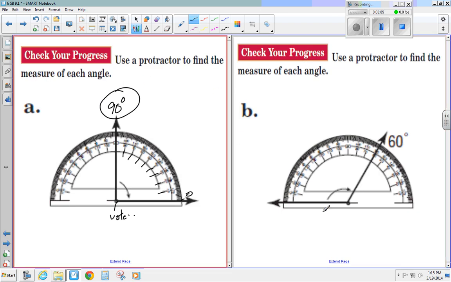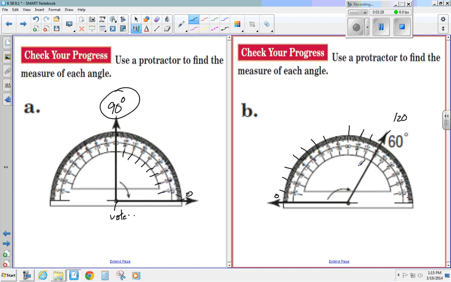Here's another protractor. You're starting at 0. This time you're using the outside: 10, 20, 30, 40, 50, 60, 70, 80, 90, like the other one, plus 90, 100, 110, 120. Okay?